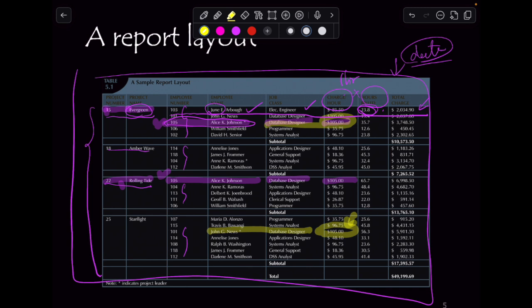But since two employees have the same job specification, the information about this database designer is also repeating. So why do we have this kind of problem? We mentioned this previously in conceptual modeling using the concept of anomalies. The problem is we combine several different facts altogether. For example, project information is separate from employee information, and employee information is separate from job information, something like that. Since we combine all information together in one big table, we have those problems.